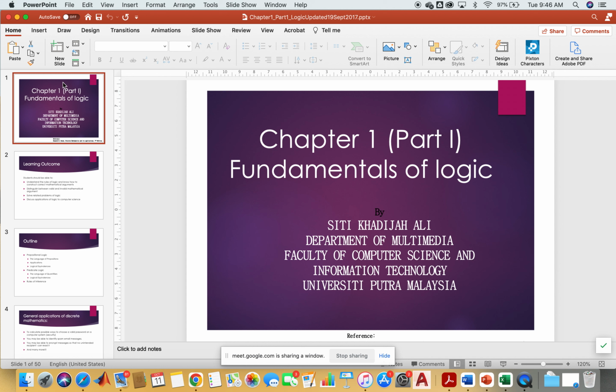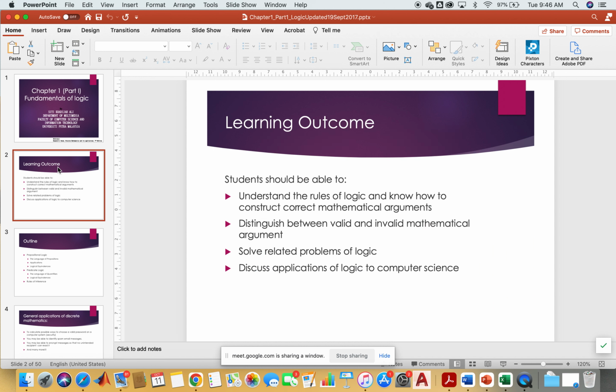Alright? Okay, so this is the LO for this chapter. You must be able to understand the rules of logic and know how to construct correct mathematical arguments, distinguish between valid and invalid mathematical arguments, solve related problems of logic, and then discuss the applications of logic to computer science.